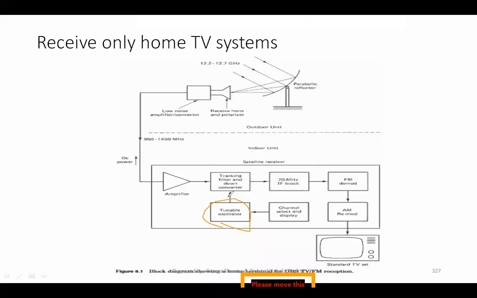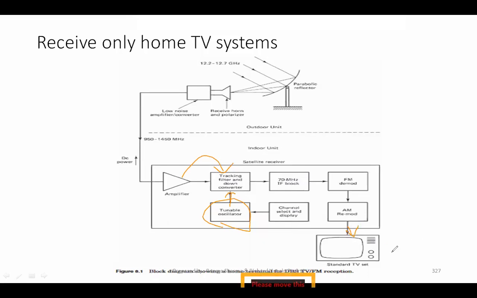As it is tuned, you can see that there is a feedback link here which takes from the amplifier, and accordingly that station comes up and immediately your IF gets connected to the FM demodulator or AM demodulator, and then the signal passes through to your television.